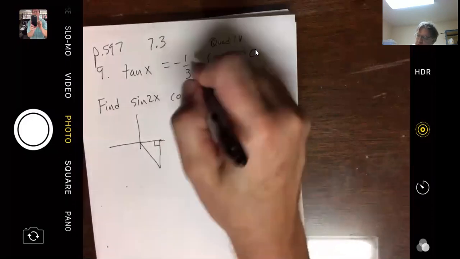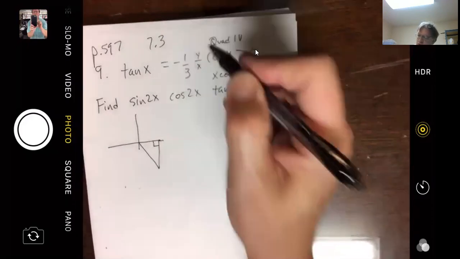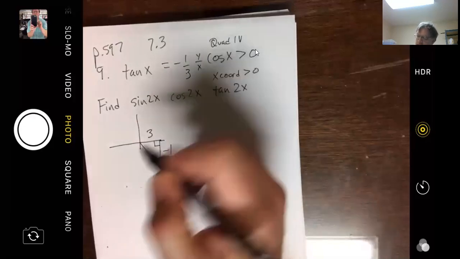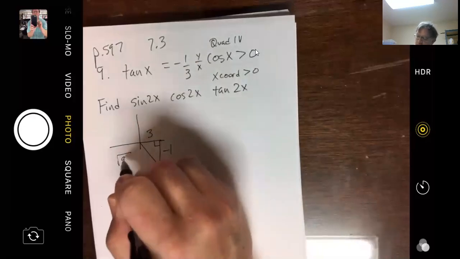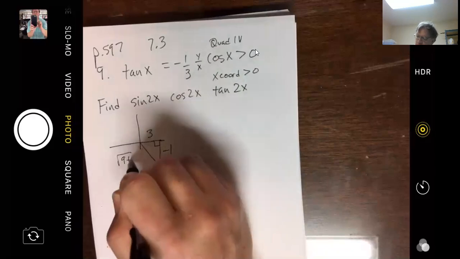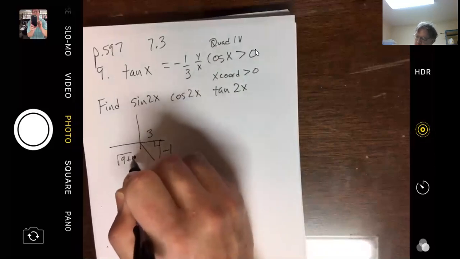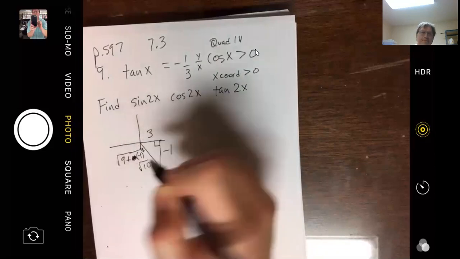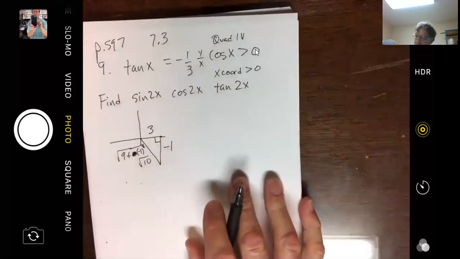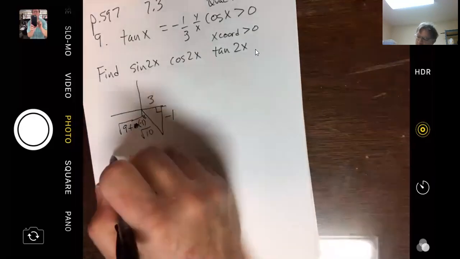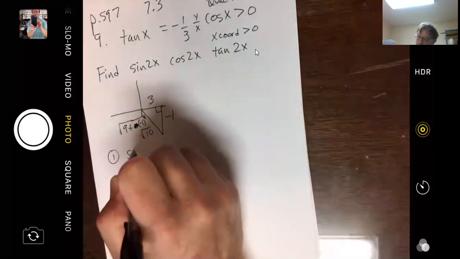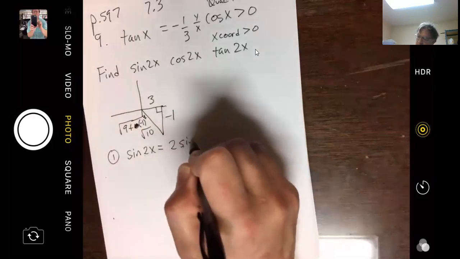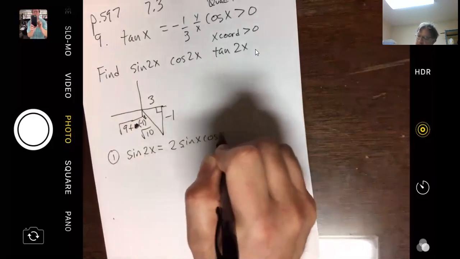Remember this is y over x, which puts your y at -1, your 3 on that leg, and the radius would be the square root of 3 squared plus -1 squared, which is the square root of 10. All right, it's more of a project than a problem. Sine of 2x is twice sine x cosine x.